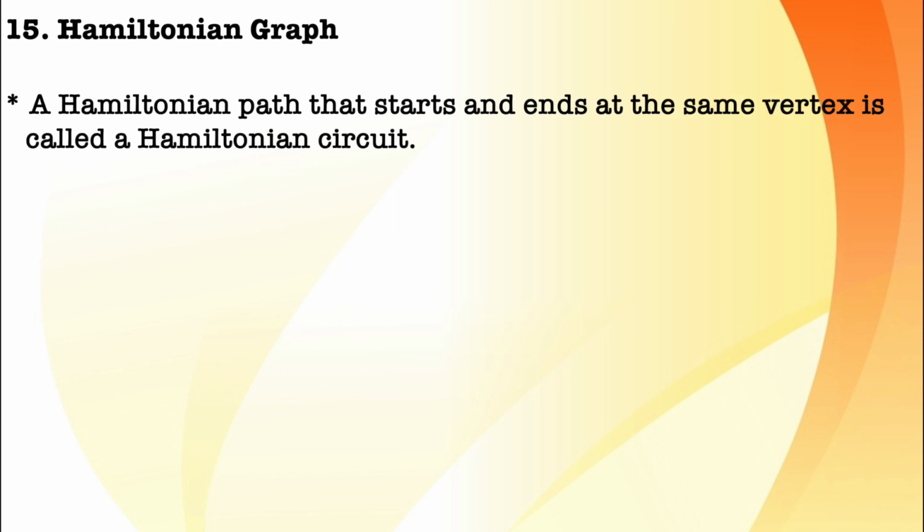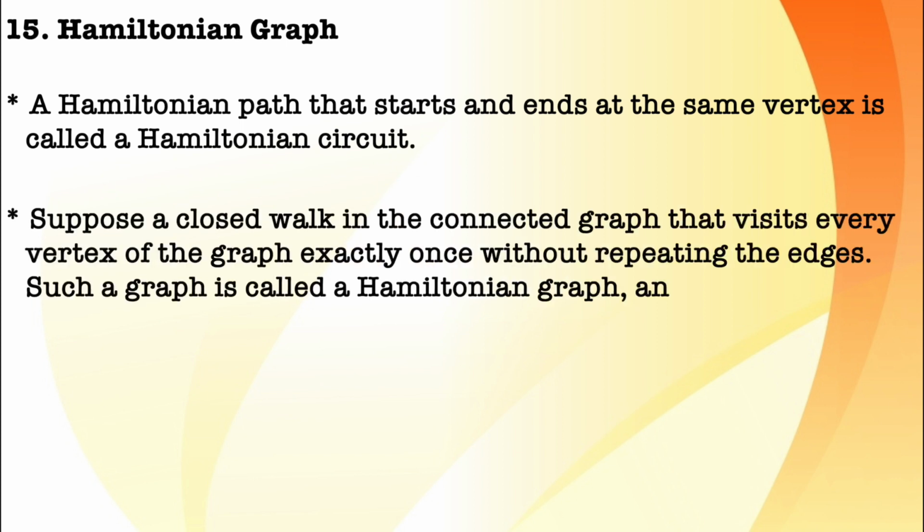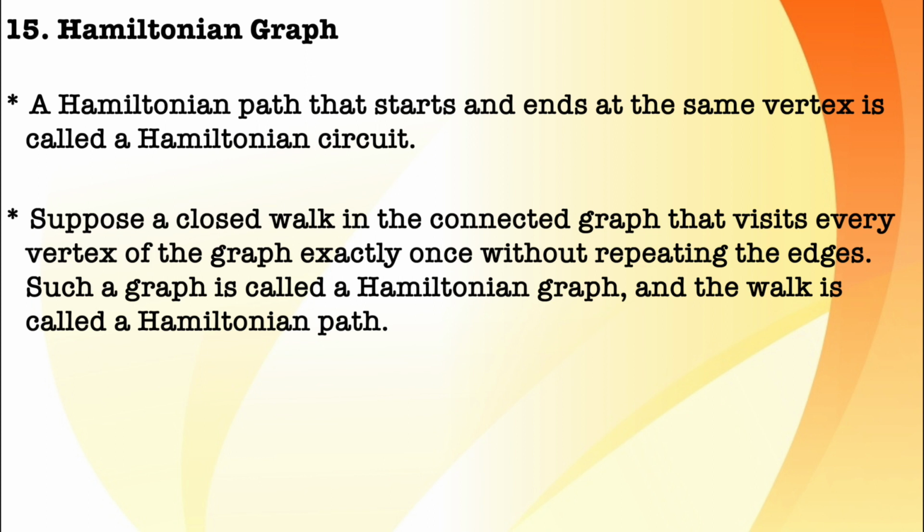Next is the Hamiltonian graph. A Hamiltonian path that starts and ends at the same vertex is called a Hamiltonian circuit. Suppose there is a closed walk in a connected graph that visits every vertex of the graph exactly once without repeating the edges. Such a graph is called a Hamiltonian graph and the walk is called a Hamiltonian path.